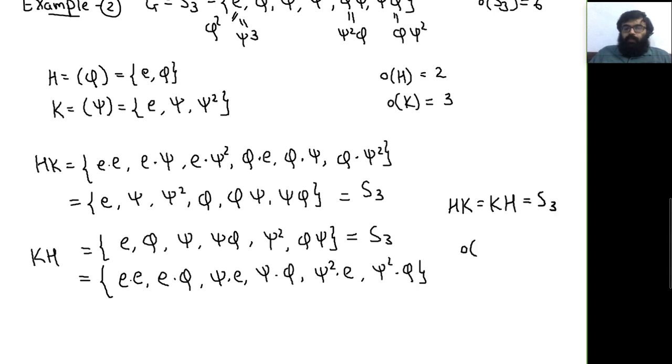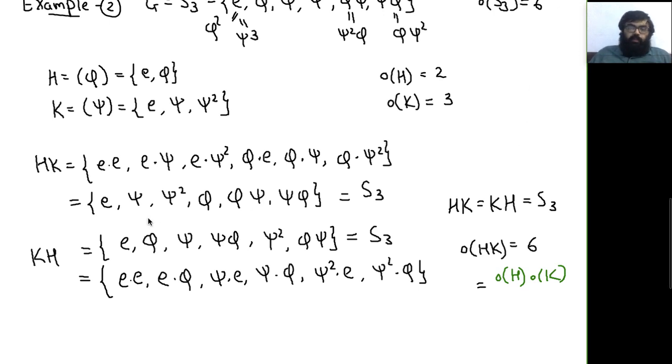So what is the order of HK? The order of HK here is 6, which we can write as order of H times order of K. Order of H is 2, order of K is 3, and HK equals KH in this case, which is important.